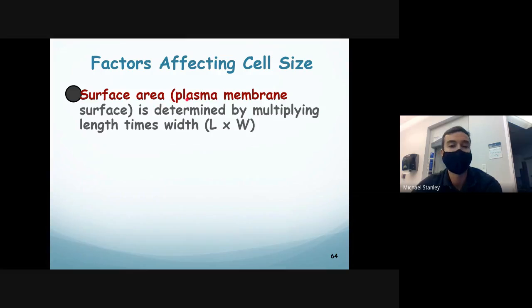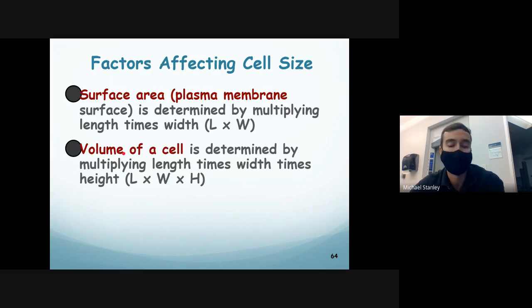The surface area of the cell, like how much plasma membrane they have, you can figure it out if you're able to lay the cell out flat and do length times width. That would be how much plasma membrane surface area is on the cell.